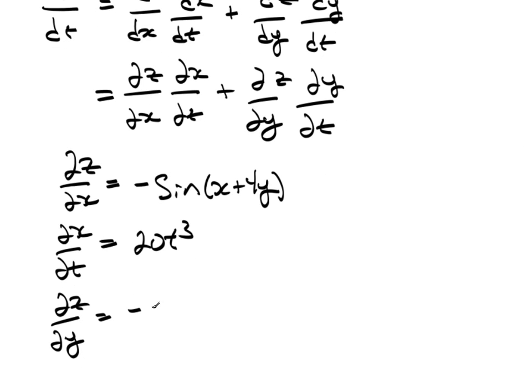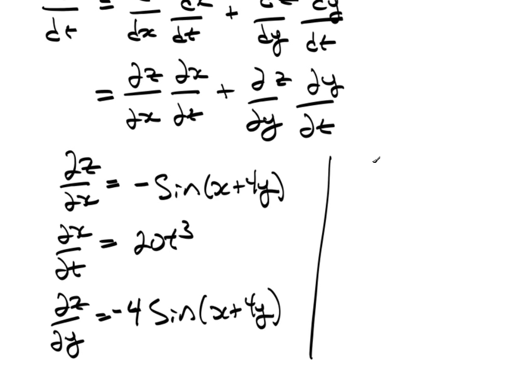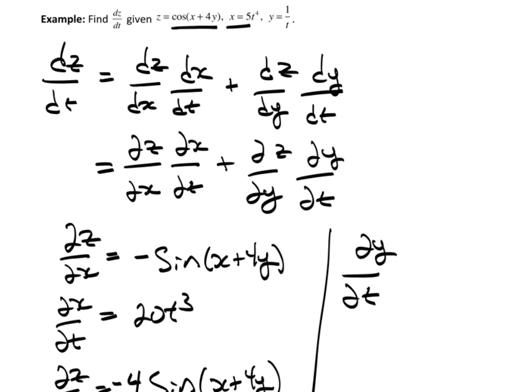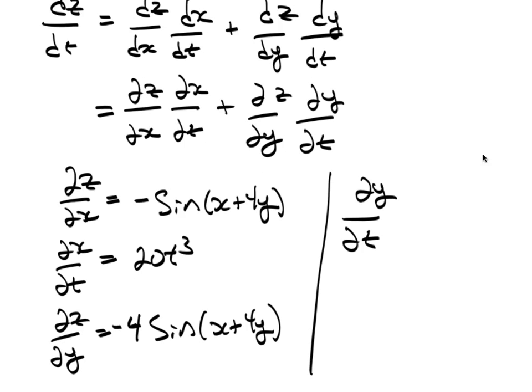So this would be a negative sine of x plus 4y times the derivative of the inside based on the chain rule. So I'm going to move my negative out here and put the 4 right there. And then the last component is the partial of y with respect to t, where y was 1 over t.